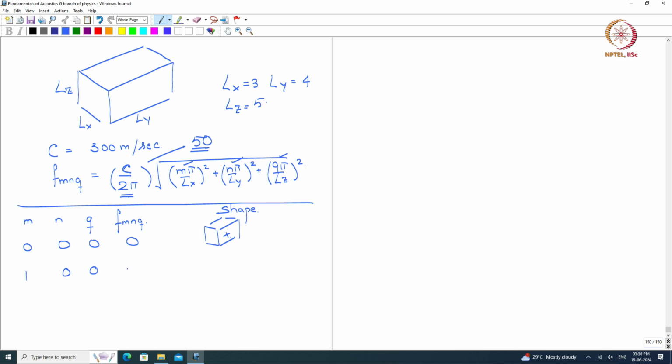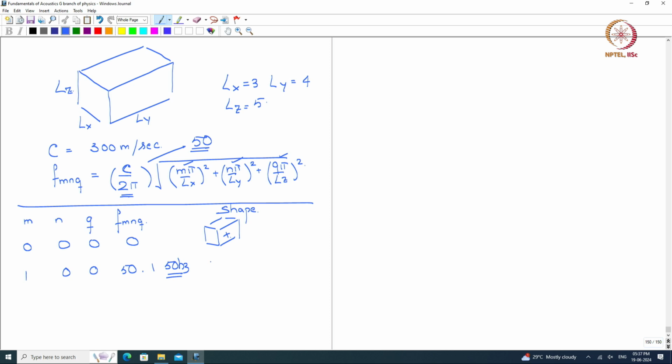Then I have c by twice pi, which I take as 50. Inside, m is 1, pi over Lx is pi over 3, which is about 1. So this is equal to 1, so it is approximately 50 hertz.